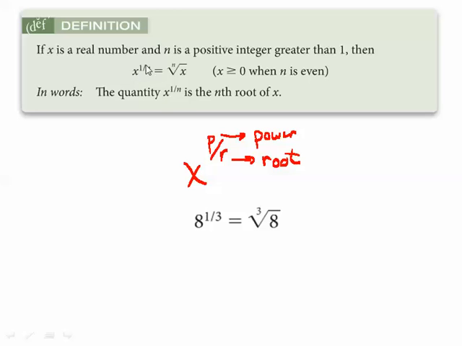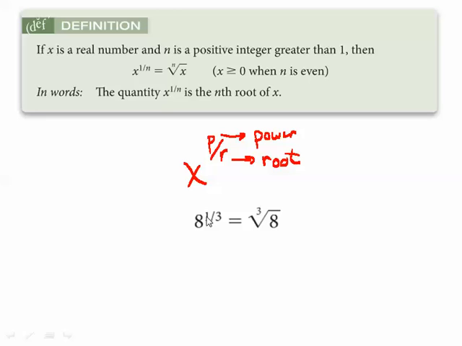Notice if you have a fraction in the exponent, what that really means is the denominator becomes the root. So in the exponent, the denominator is the root. I like it like this because it makes sense of everything. So x is the base. Whatever is the numerator, that is your power. Whatever's in the denominator, that is your root.